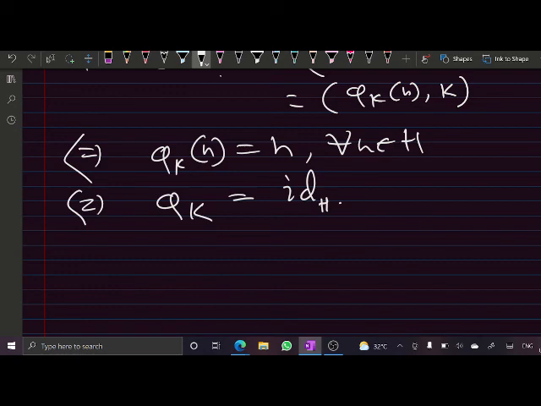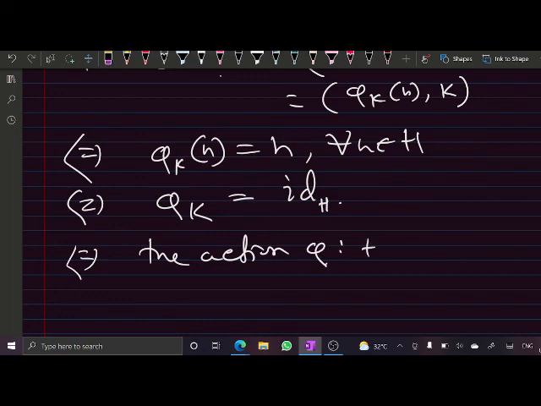That is if and only if phi is the trivial action, or you can say the action phi from K to Aut(H) is trivial.